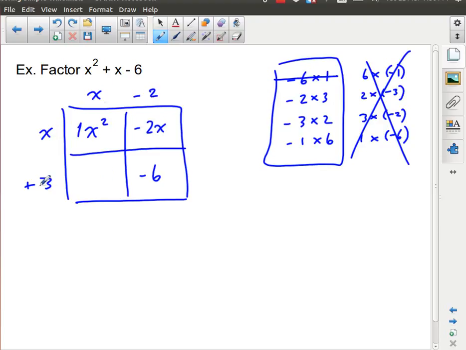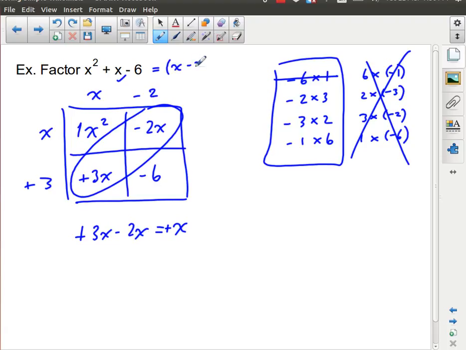X times +3 is +3x. I combine these together. +3x minus 2x is equal to +x. And that's what we have here, +x. So it turns out that this is the correct configuration. X minus 2, and down the side, x plus 3.